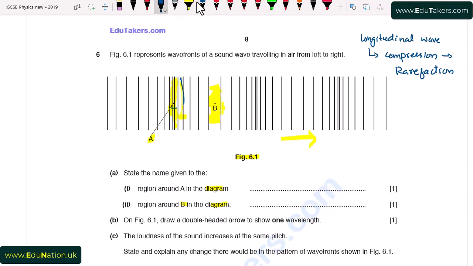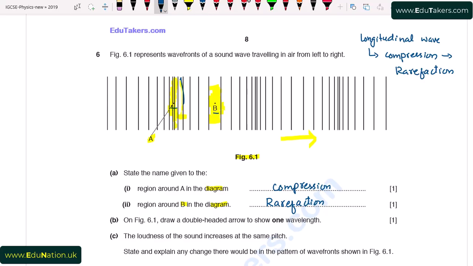I write here region around A in diagram is compression because the wavefronts are very close to each other at point A, and region around B in the diagram is rarefaction because the wavefronts are very far from each other as compared to A. That's why B is actually rarefaction.